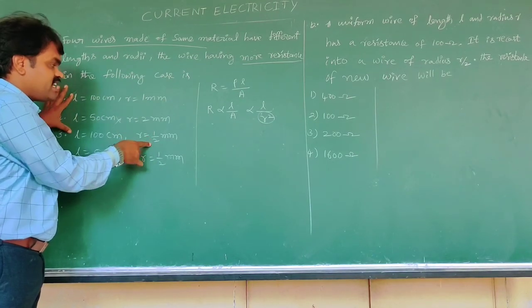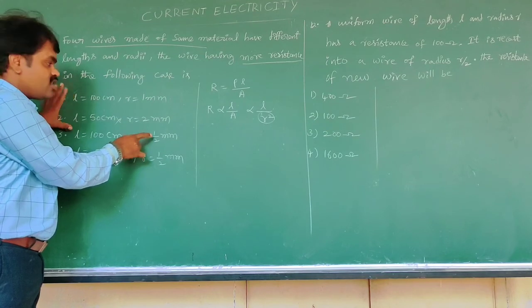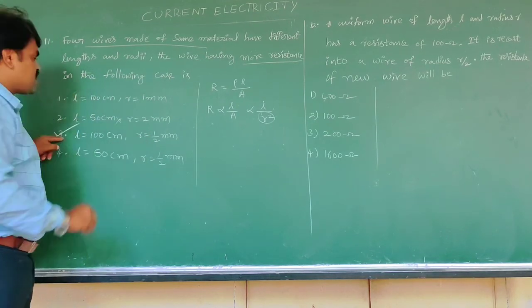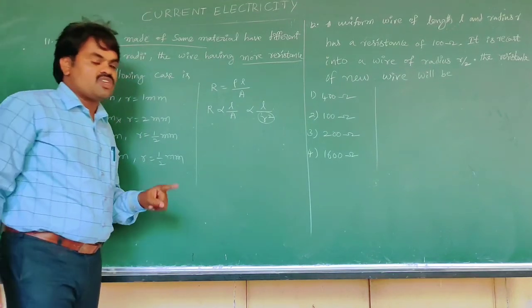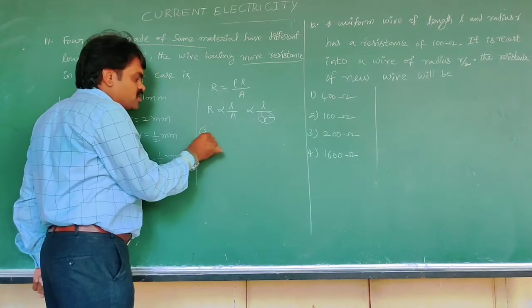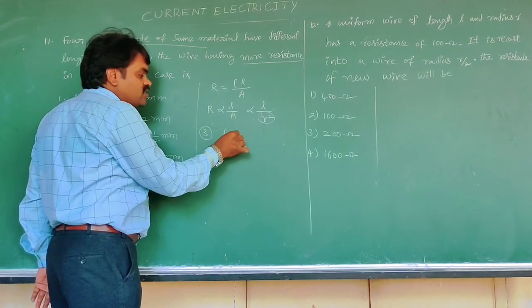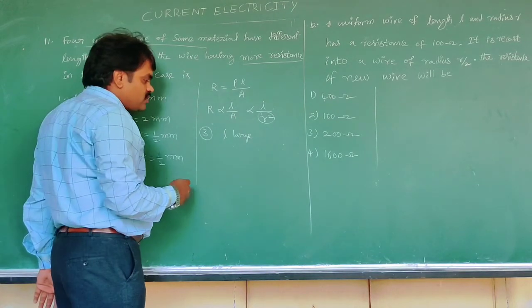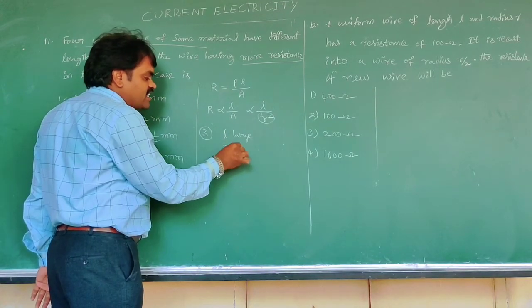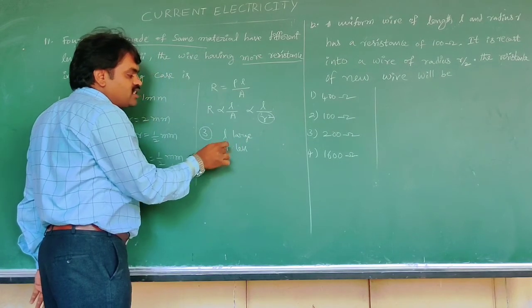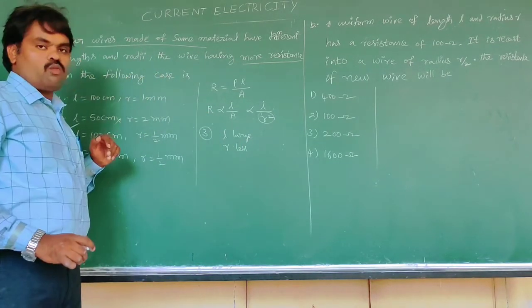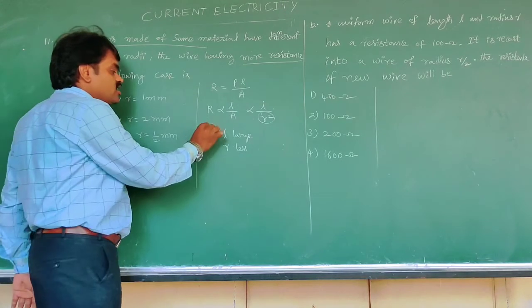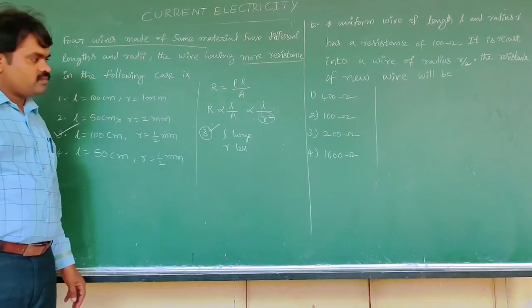Which one has the less radius? That's why the third option has more resistance, because in the third option length is large compared with the other 3 wires and the radius is less compared with the other 3 wires. That's why the third option is the correct answer.